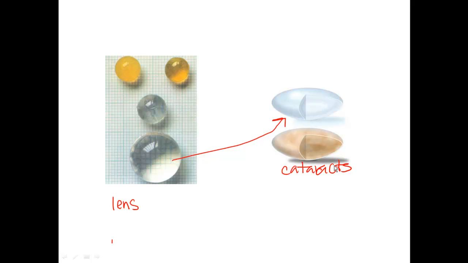Now, if you think about it, all structures in our body are not transparent. Even cartilage, which doesn't have a blood flow to it, is maybe translucent, a little bit cloudy like a cataract lens, but not transparent. And that's because the lens had to go through a lot of changes.